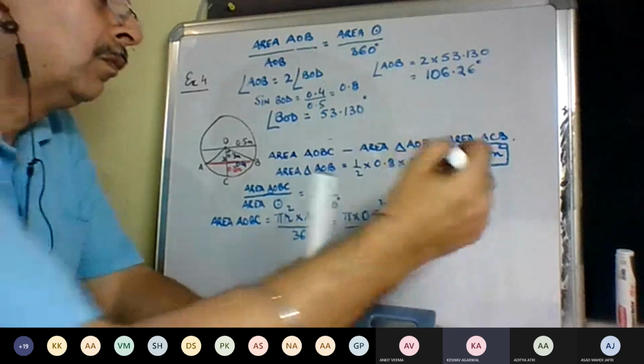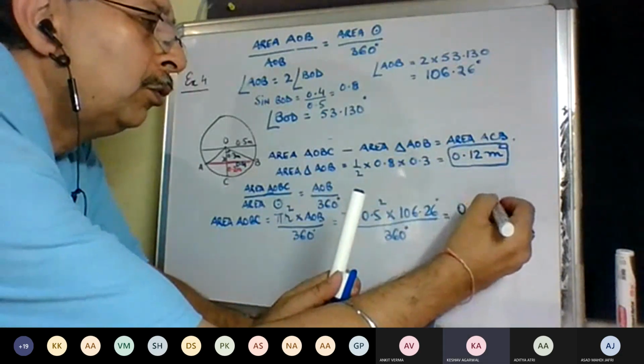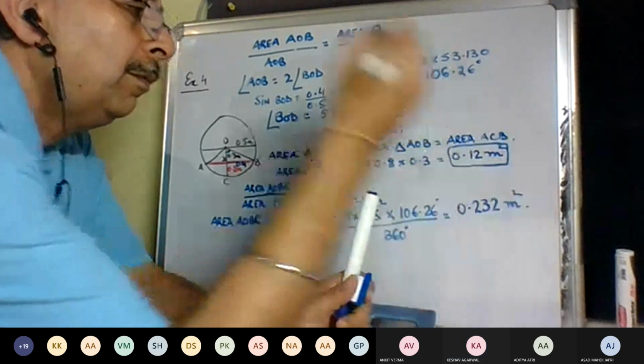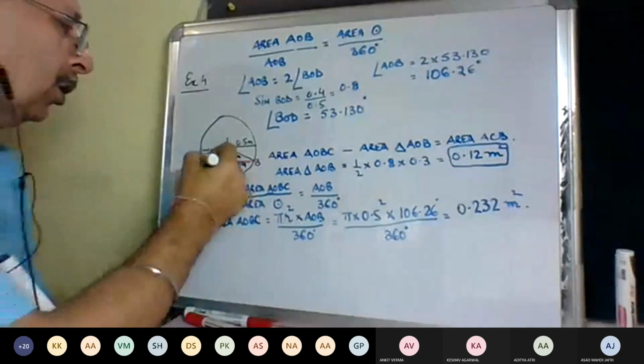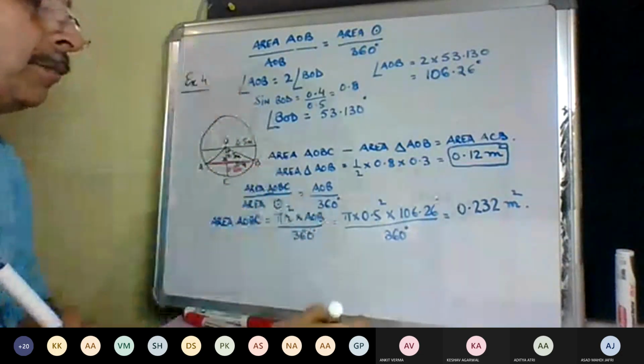Sir, 0.232. 0.232 meter square is the area of the segment AOBC.